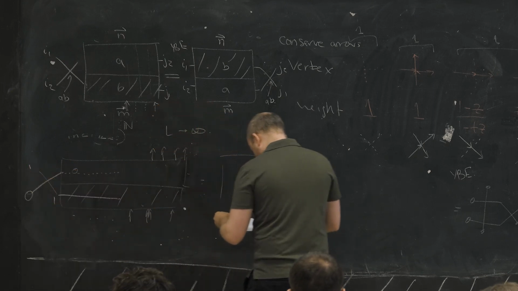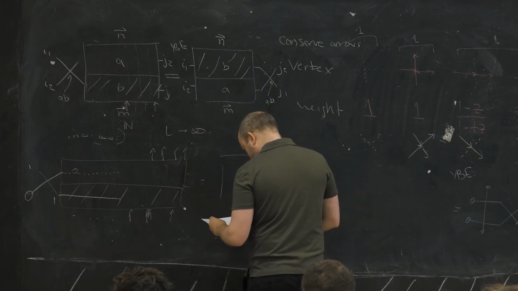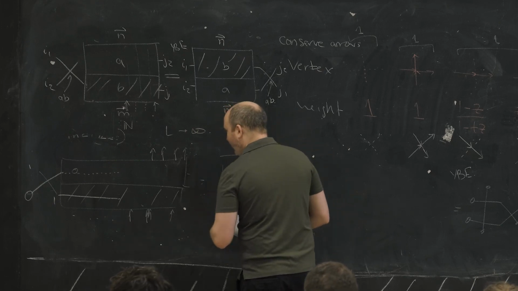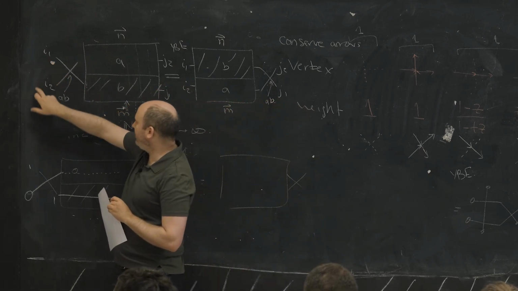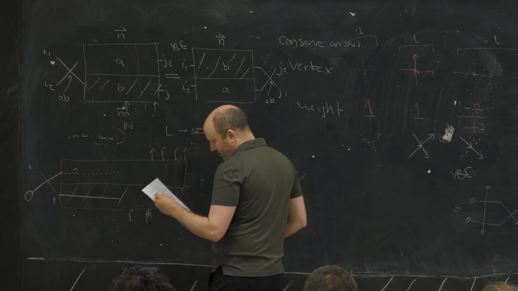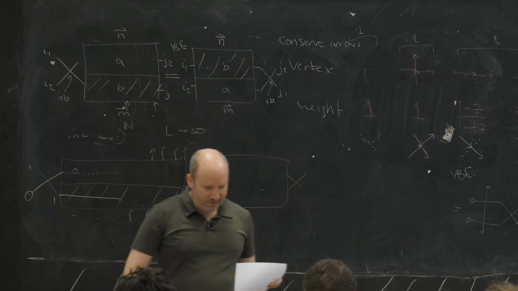And so what you end up with is the following picture. The limit of Yang-Baxter where I've taken a 1 and a 0 gives me the following. So let me try to write this down.